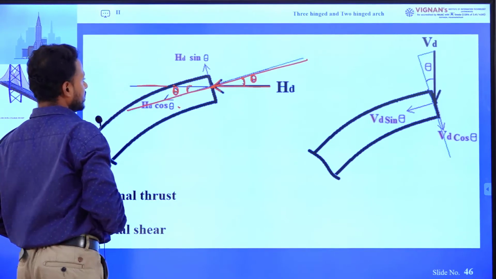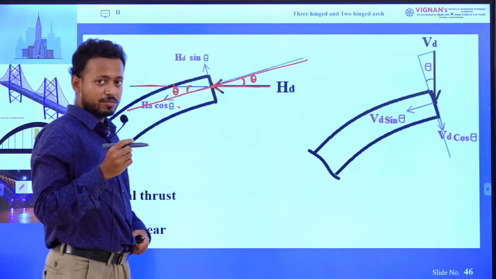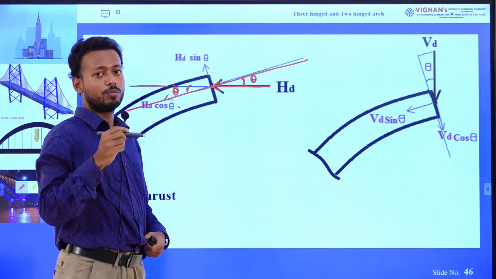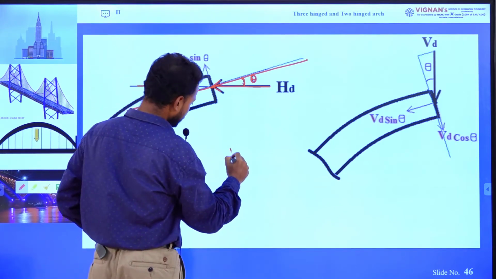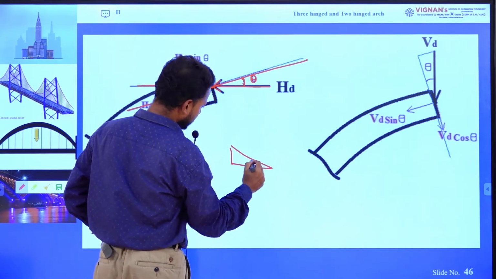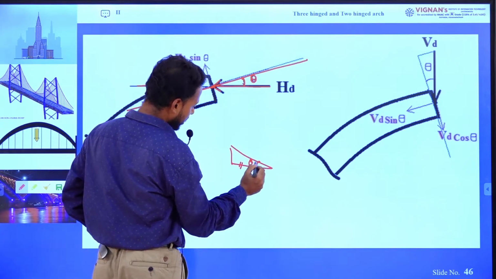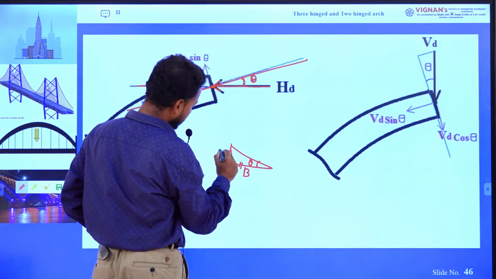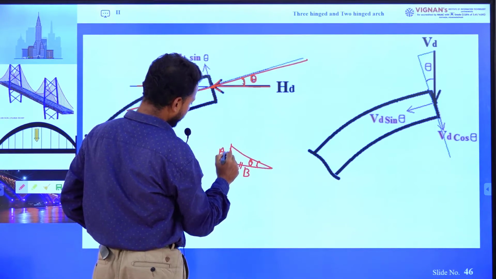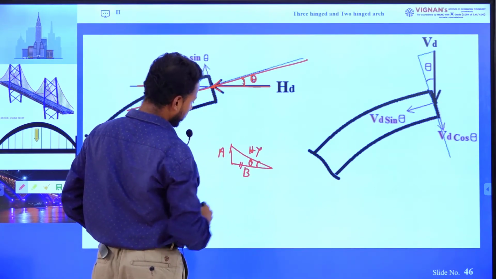Okay. So I have told you several times the base component will be cos component. Suppose in this triangle this is theta, this side is attached to the angle theta, so this will be base and this will be altitude and this will be hypotenuse. Okay.